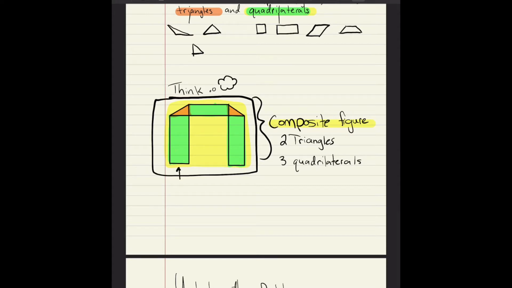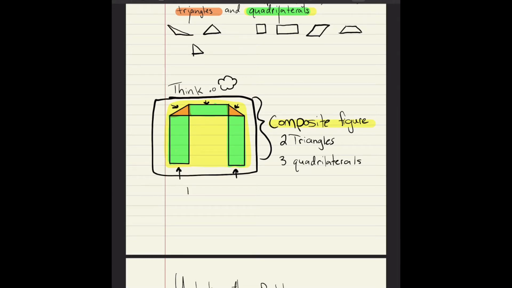So to find the area of composite figures, you need to find the area of all the smaller figures inside and then add it all up. So we're not going to have one formula to find the area for a composite figure. It's going to be a combination of many.